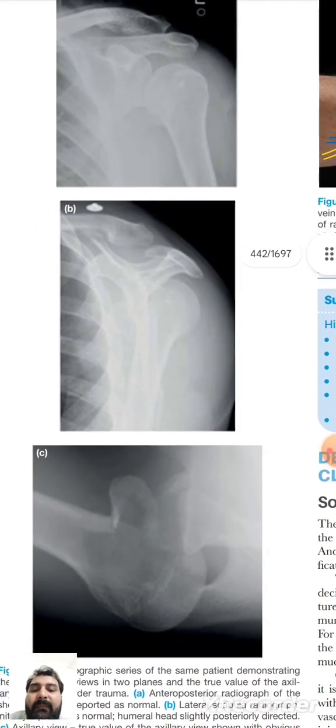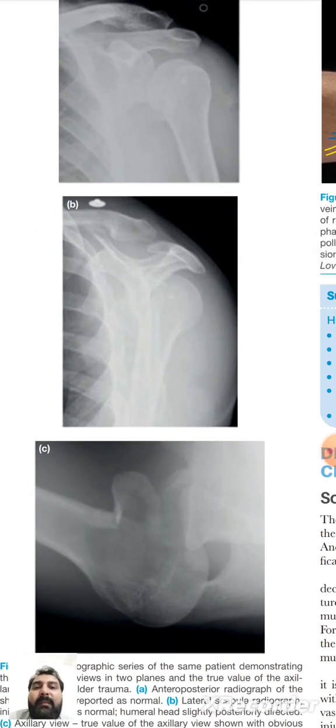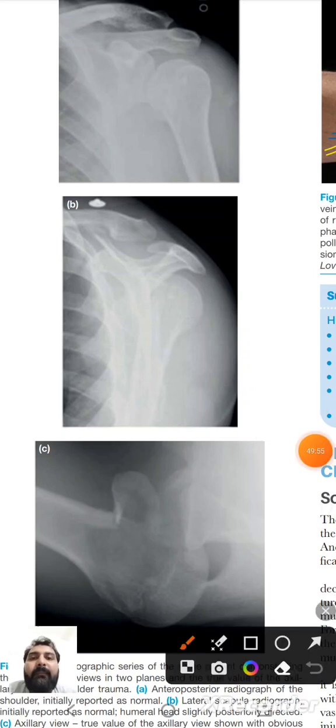This is an example of a missed posterior dislocation of the shoulder. This is the AP view, and we see that there is perfect glenohumeral contact and it is easily missed.